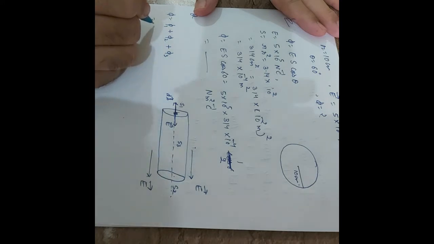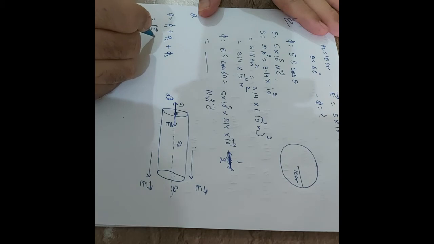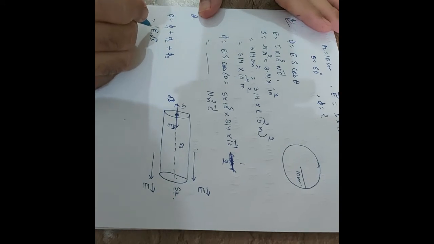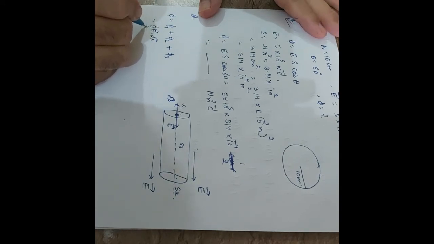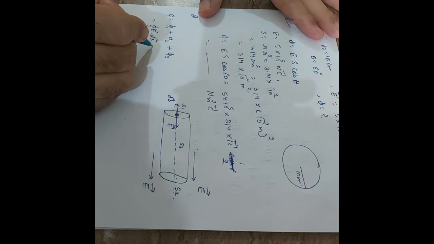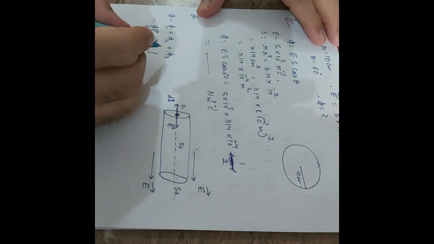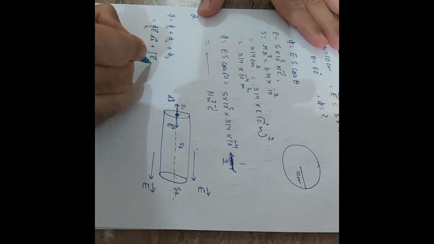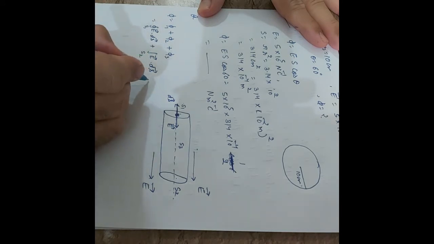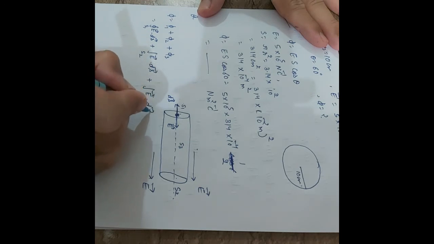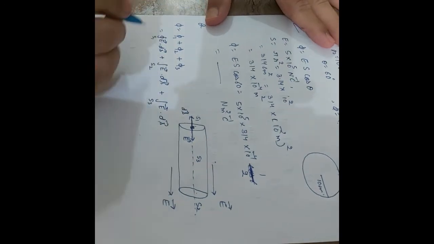So in this case it can be given as the integral of E · dS over area S1, plus φ2, the integral of E · dS over area S2, and the integral of E · dS over area S3.